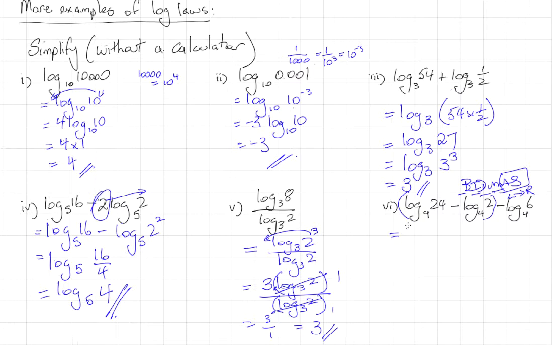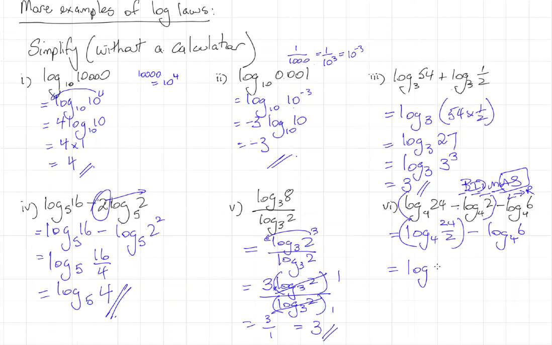So when we're subtracting, we are dividing. So that's log to base 4 of 24 over 2 minus log 6 to base 4. So the minus here tells we are dividing the numbers. So that's why we divide 24 by 2. 24 divided by 2 is 12.